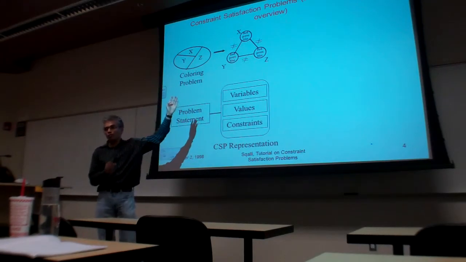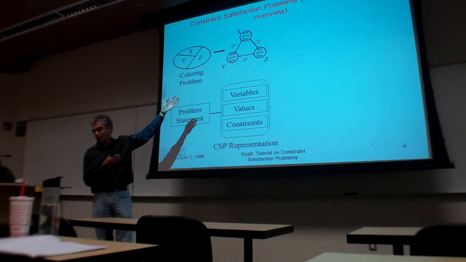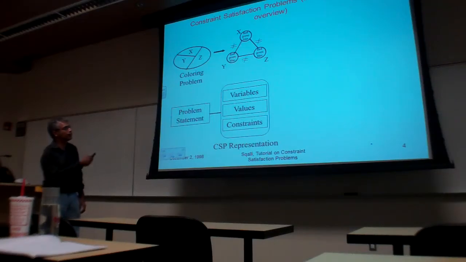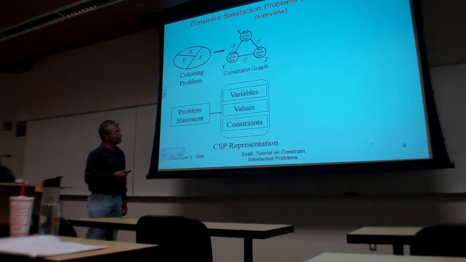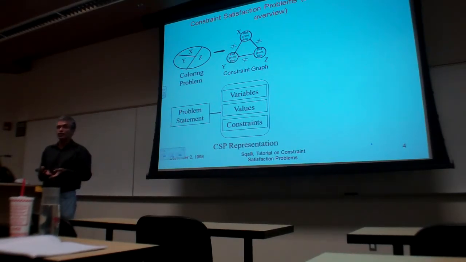For now, we'll assume that the conceptual representation is they're telling you the legal assignments and the legal partial assignments. Okay. And one of the interesting things is you can think also of something called a constraint graph, which is a graph made up of vertices which correspond to the variables in the CSP, and there is an edge between the variables if there is a constraint connecting them.